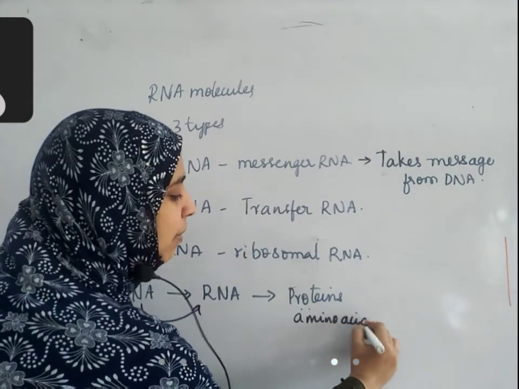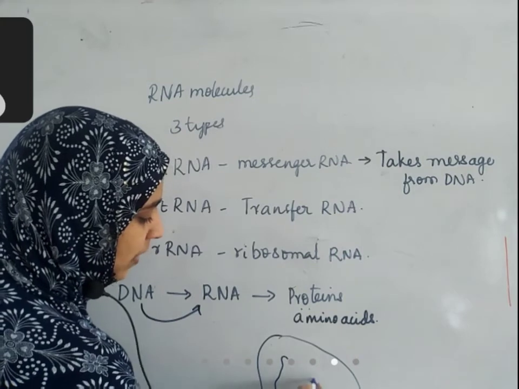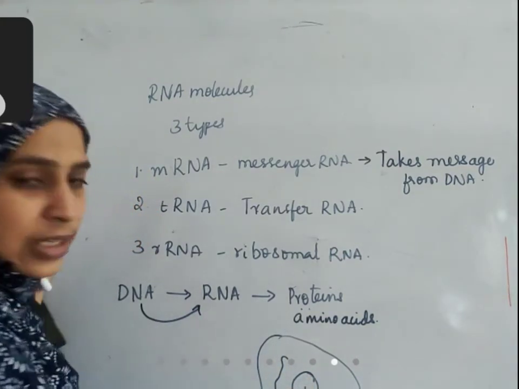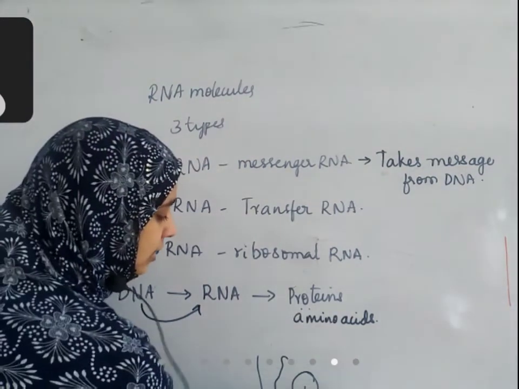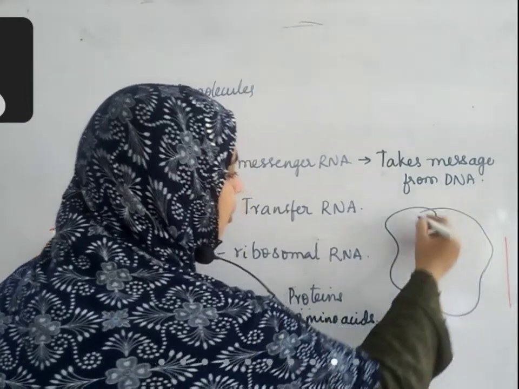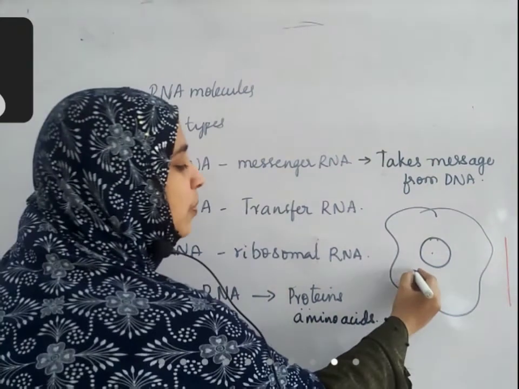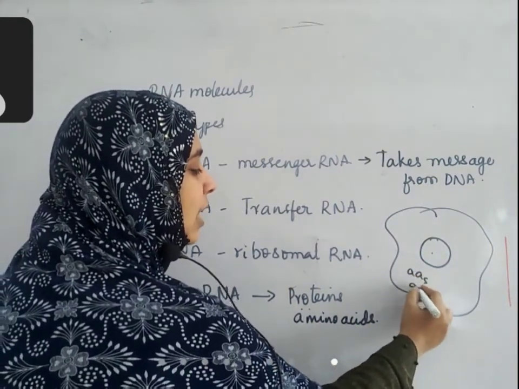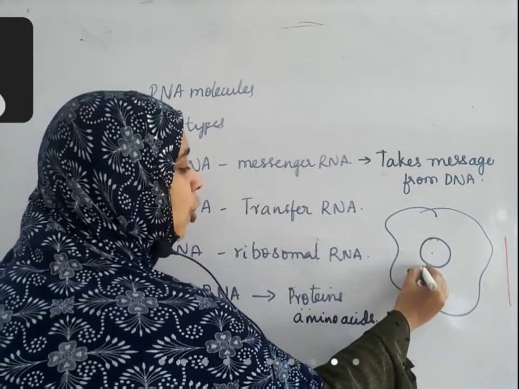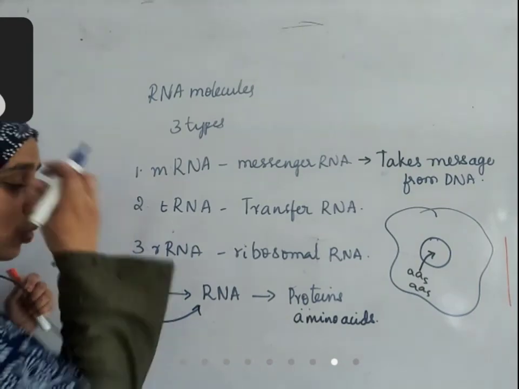So the relevant amino acid, where will it be present? It will be present in the cytoplasm. Where does the production of this protein occur? Inside the nucleus. So we can't see this diagram, I'll draw here. Protein synthesis occurs inside this nucleus, and the amino acids that are required are present in the cytoplasm. So from here, the appropriate amino acid should be carried into the nucleus.